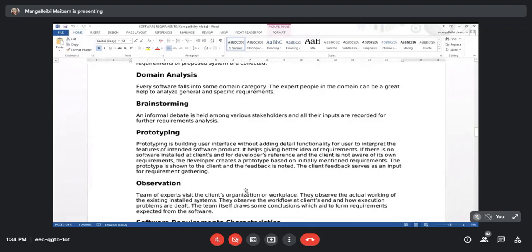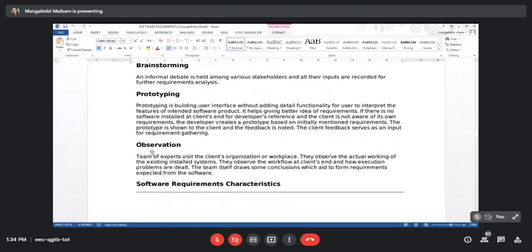So that is prototyping. And observation: a team of experts will observe the client's organization or the workplace, and they will observe the actual working of the existing installed system.